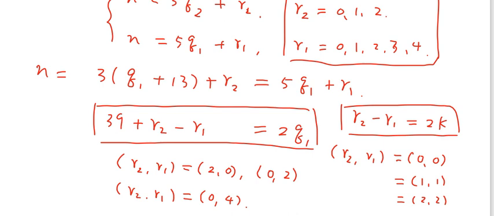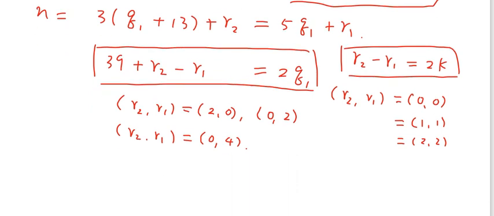So we have many cases. So we check one by one whether this is okay, let's say this case: R2, R1 equals 0, 0.